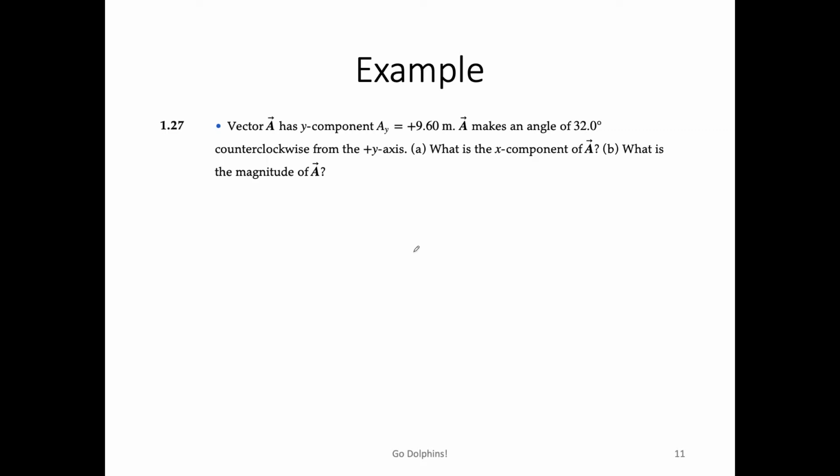Let's do one example. We have a vector with y component 9.6 meters. A makes an angle of 32 degrees counterclockwise from the positive y-axis. What's the x component of the vector? What's the magnitude of the vector? So let's draw what the vector looks like. It says vector A makes 32 degrees counterclockwise from the positive y-axis.